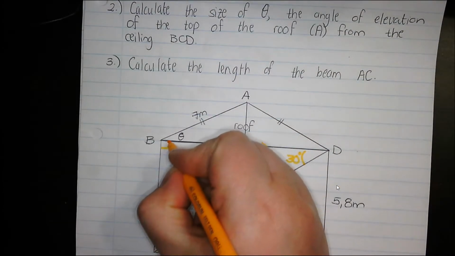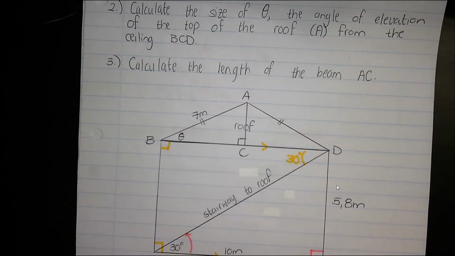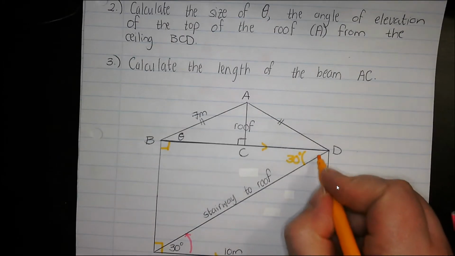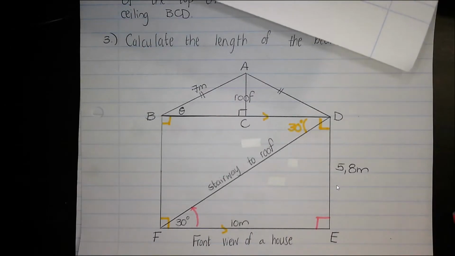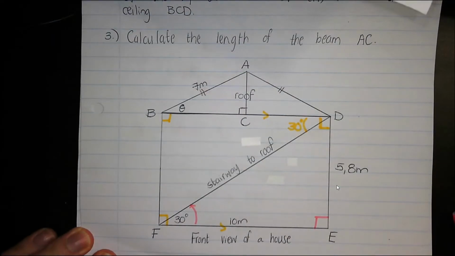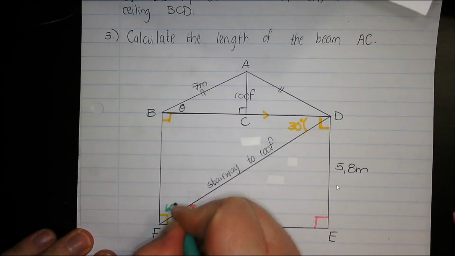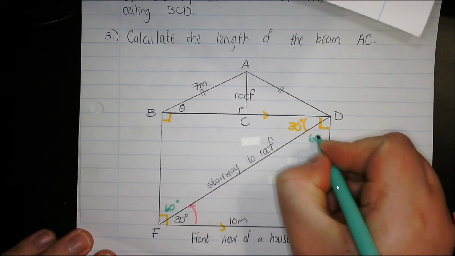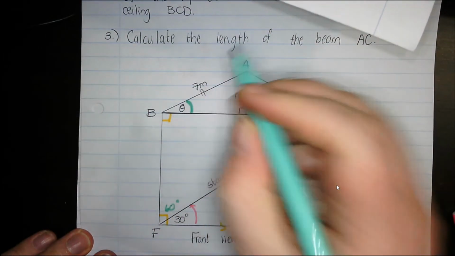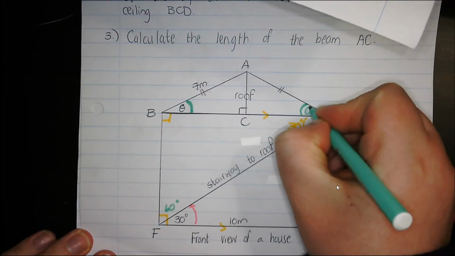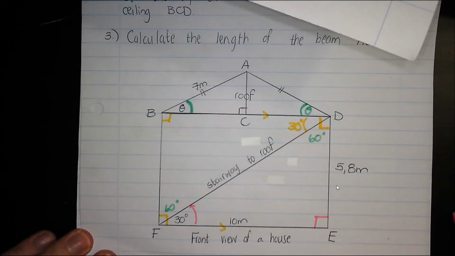This is 90. I'm just filling in everything that I can see for now until I figure out how we're going to do this question, because sometimes you don't immediately see what's going to happen. Over here, we're obviously going to have 60. That's going to be 60. And I'm going to tell you what, this angle is going to be equal to that angle over there.